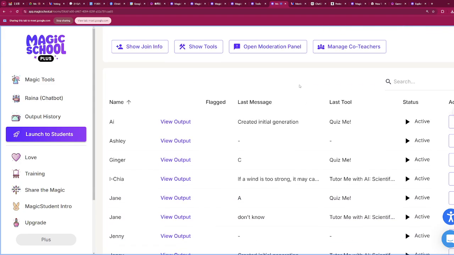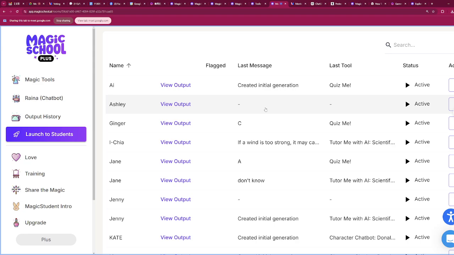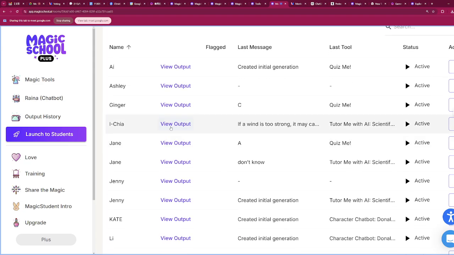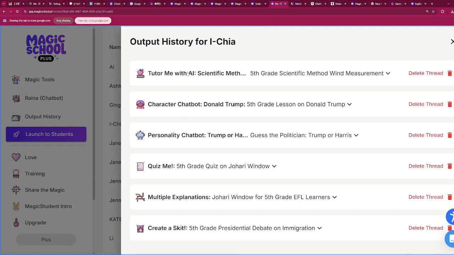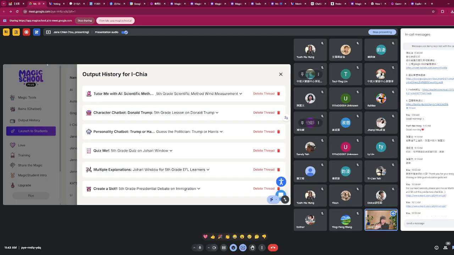Okay. Let's see. Right here, each view output, and you could see these are the things that each has tried out. Please allow me to share what you've explored.